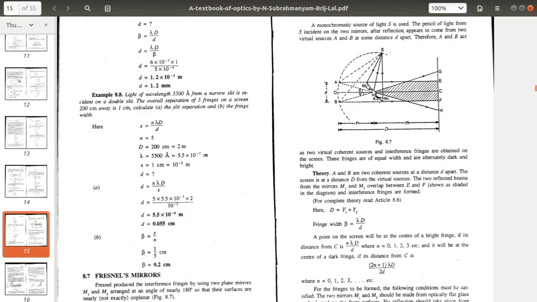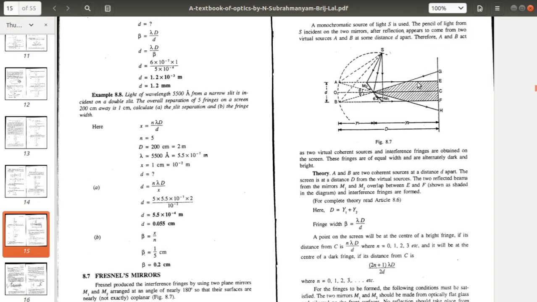So the light reflected from the mirror M2 appears to come from a virtual source A, and the light reflecting from mirror M1 appears to come from a virtual source B. So A and B are two virtual sources.